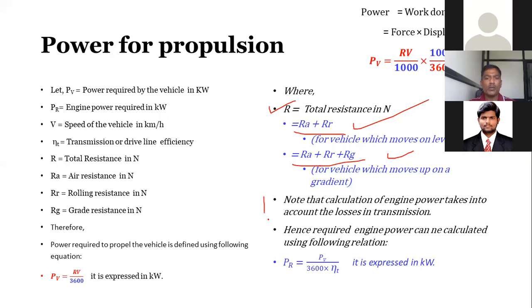So this is not enough. We need to consider losses in the transmission as well. For that reason, we need to include the transmission efficiency. And how to write that transmission efficiency?